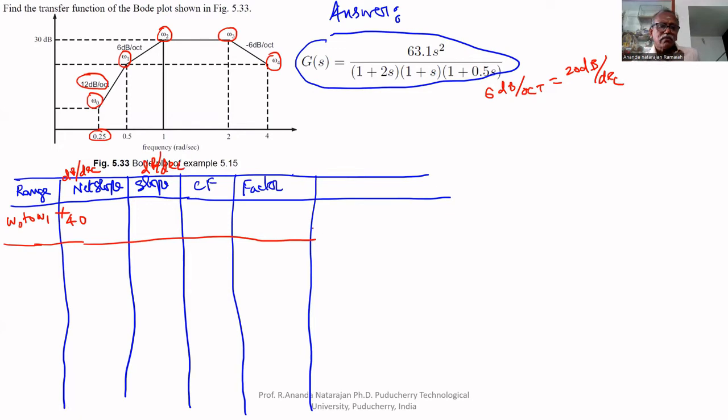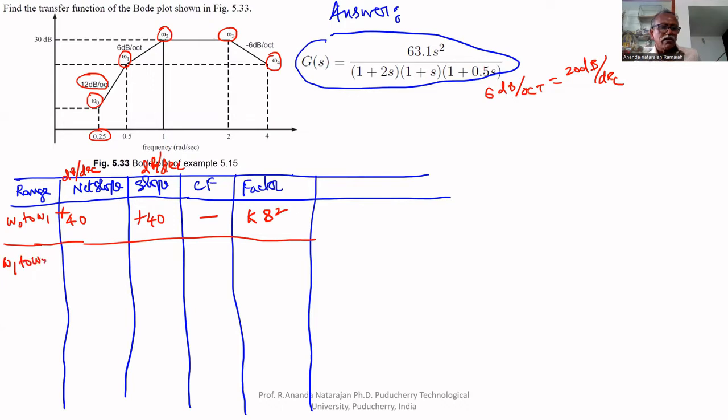Therefore, what is the net slope? Plus 40. So it is K s square. The numerator is square because the slope is positive. That's all.